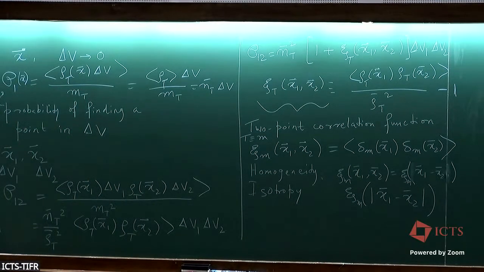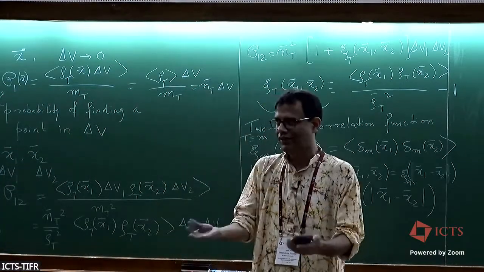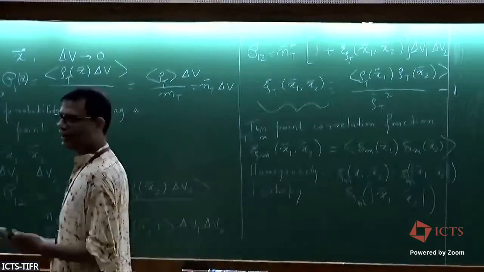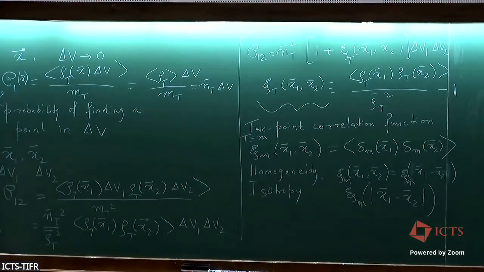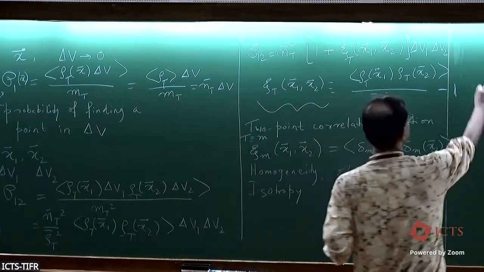What you can do is go ahead and try to calculate this correlation function for such a system and see what happens. You will see there are interesting insights that will come out of that analysis.